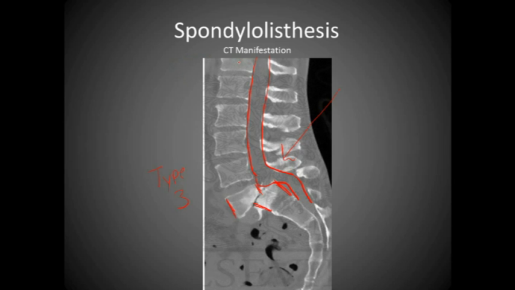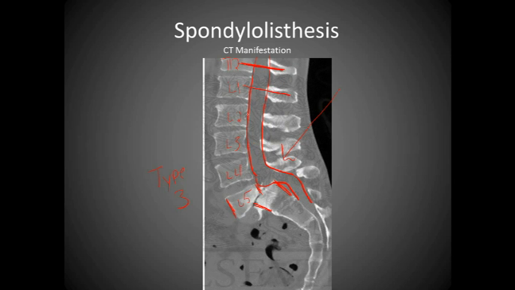Also, if we look at this, we say that this spinous process corresponds to T12. So this is L1, L2, L3, L4, L5.